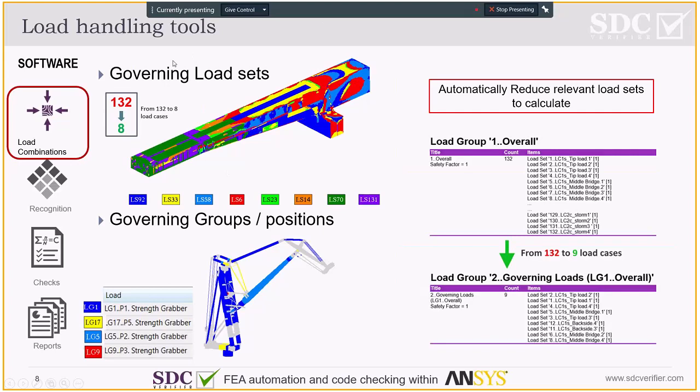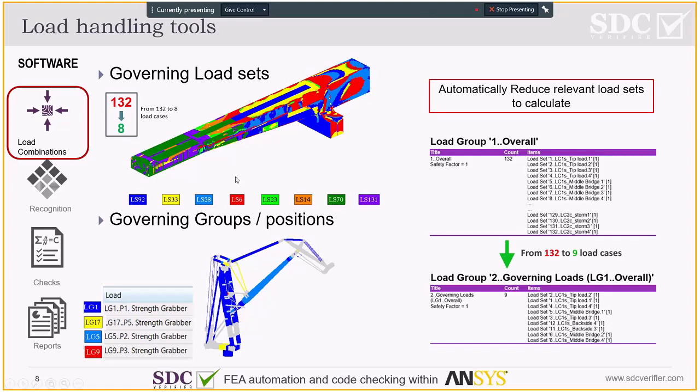So for example, you select stresses or the utilization factor for a standard as a parameter to be plotted, and then you're able to see that here on the tip you have an area painted green, which means the highest results of this parameter appear due to load set 70. So load combination number 70 is causing the biggest stresses here.